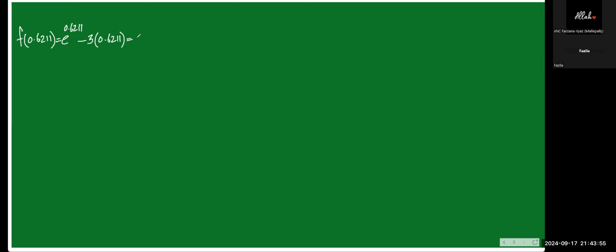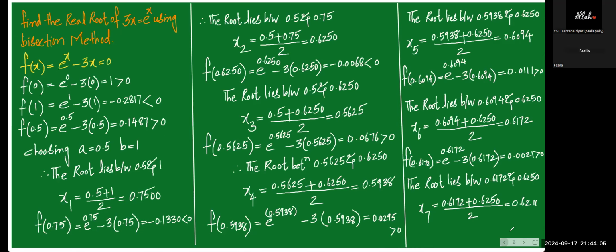Minus 0.0023. It means less than 0. Less than 0 means the first value stays as it is and the second is replaced. That is, 0.6172 stays as it is and the second is replaced.